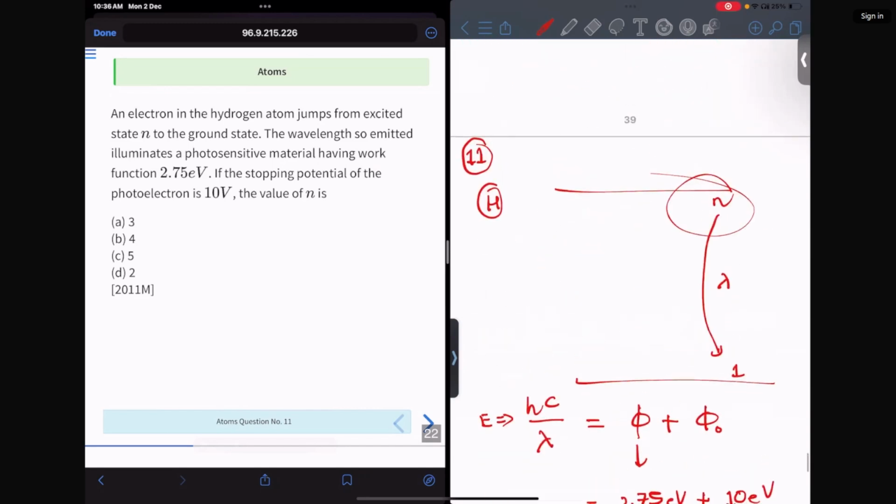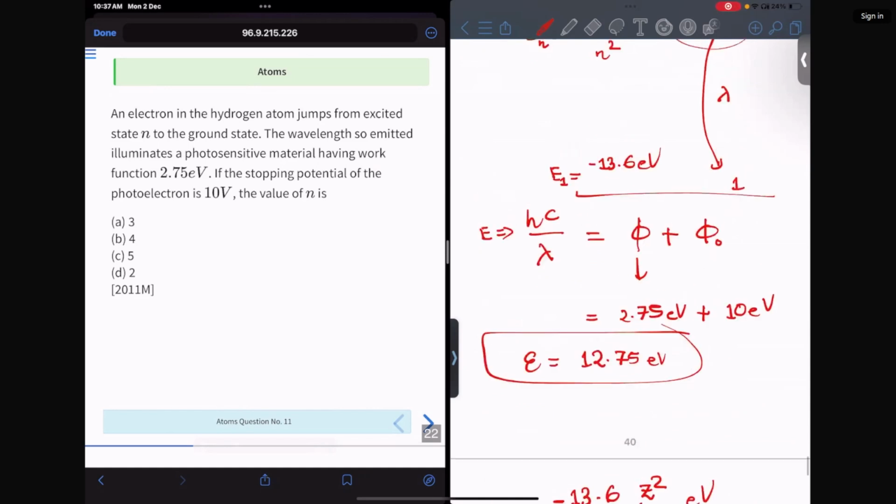So the energy of the electron in this shell will be minus 13.6, where the value of Z for hydrogen is 1, so 1 square upon N square. And the energy of the electron in the first shell will be equal to minus 13.6 electron volt.